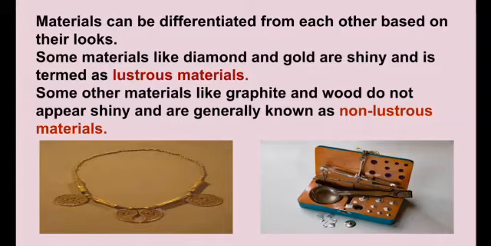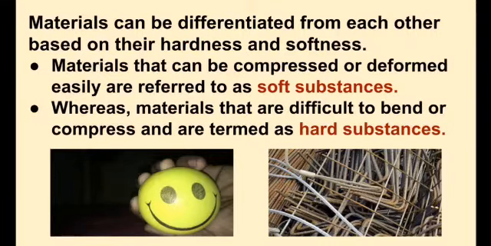Clear? Now we will talk about how we can further classify the materials. Materials can be differentiated from each other based on their hardness and softness. We can divide the objects according to their hardness and softness by touching them. Materials that can be compressed or deformed easily are referred to as soft substances, the objects which we can press easily.